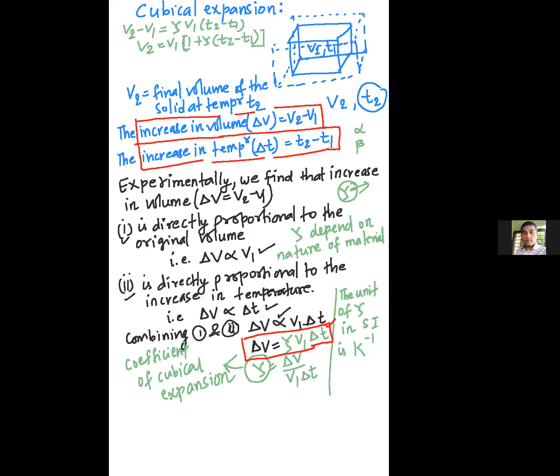So this is the final expression, and it is used in various numerical problems. This is the final volume, this is the original volume, this is the coefficient of cubical expansion, and this term represents the increase in temperature. Clear? Okay.